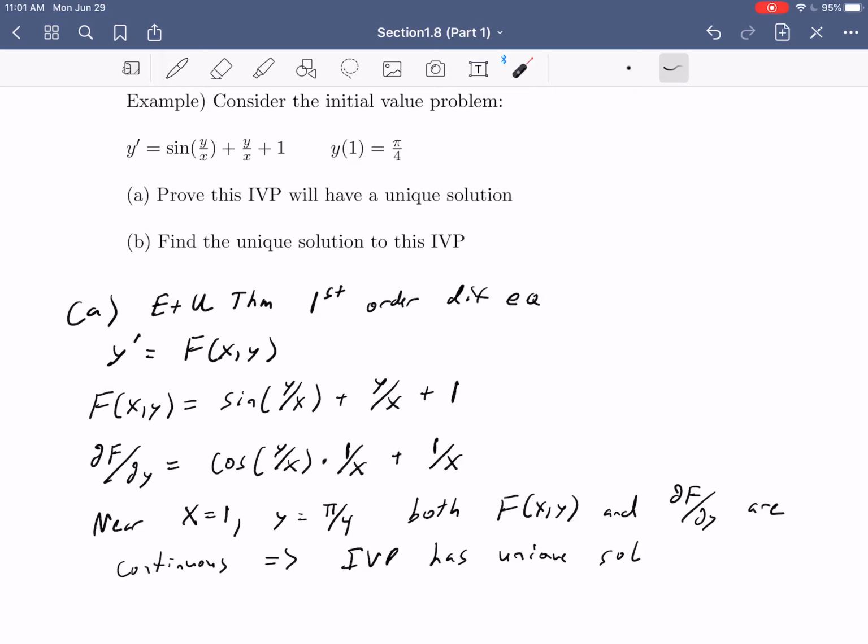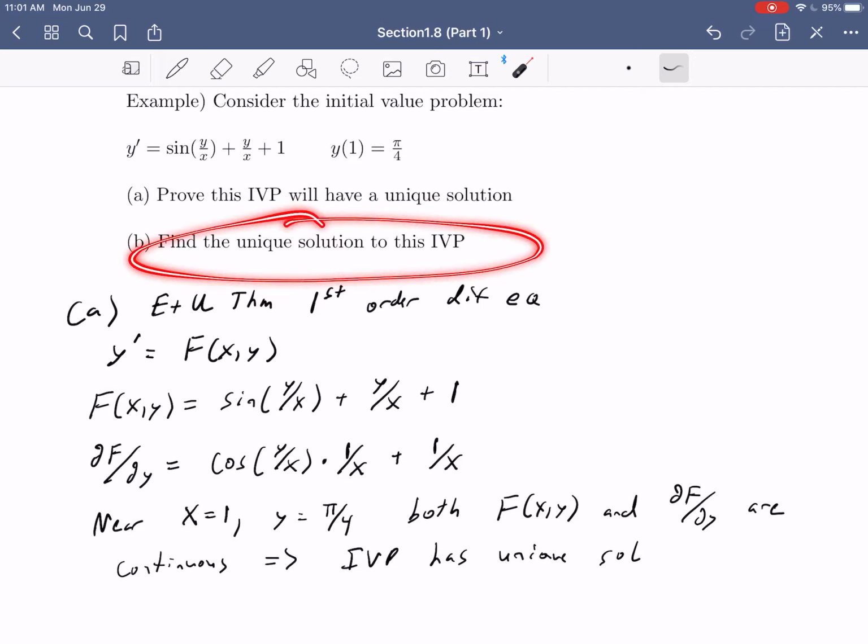So again, remember that there could be issues if we looked at an IVP where you had y of 0. In fact, y of 0 as an IVP wouldn't make sense because you'd have undefined things there. So there would be concerns if we had an IVP like that, but in our case the IVP has x equal to 1, so near that, both of these functions are guaranteed to be continuous, so we know that the IVP has a unique solution. So once again, just a quick review of the existence and uniqueness theorem for the first order differential equation.